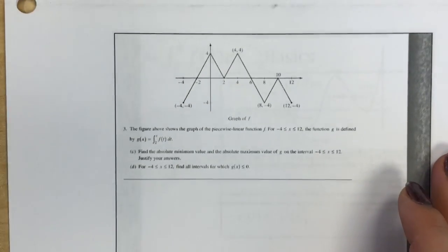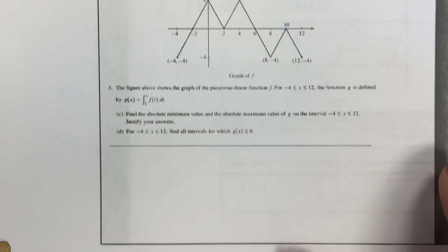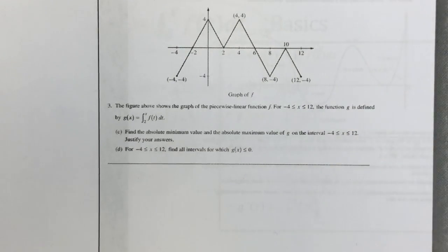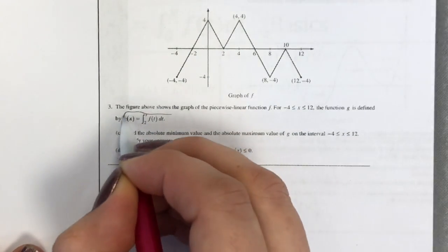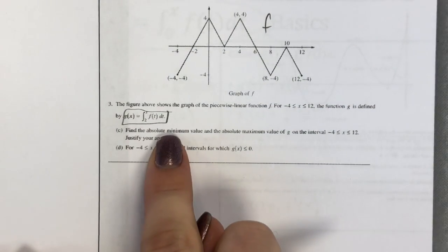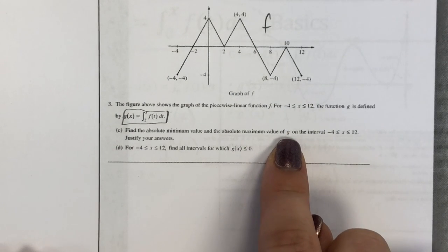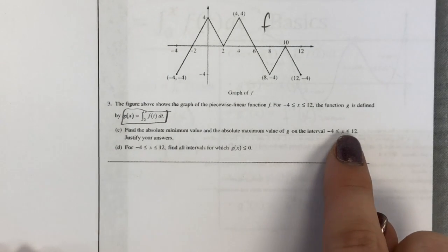Okay, so the figure above shows the graph of the piecewise function f. For -4 to 12, the function g is defined the same way. So I still have this. I'm going to annotate this f, same problem. C: find the absolute minimum value and the absolute maximum value of g on the interval from -4 to 12.